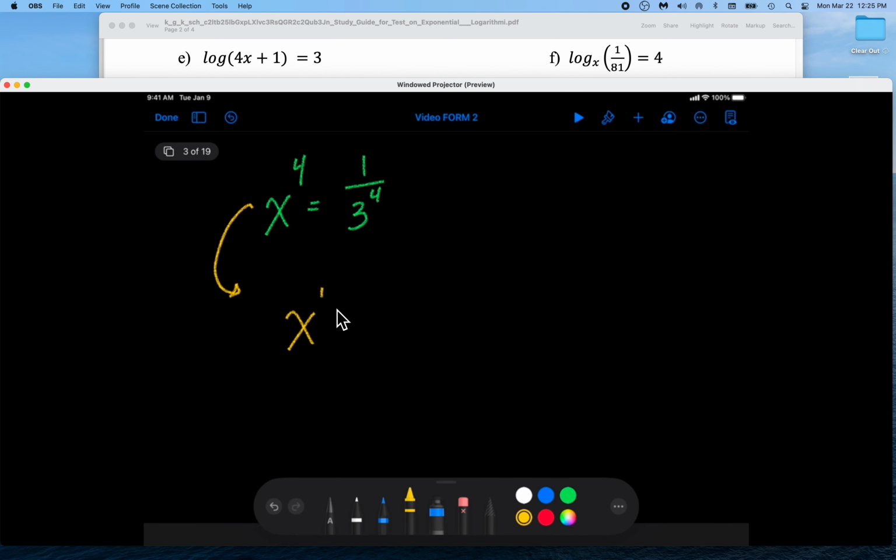If we get x to the 1st power equals something with no exponent other than 1, nothing out front here, no negative, we have solved for x. So how do you get x to the 4th to equal x to the 1st? What can we raise x to the 4th to get x to the 1st power? Well, none other than its reciprocal, 1 over 4.